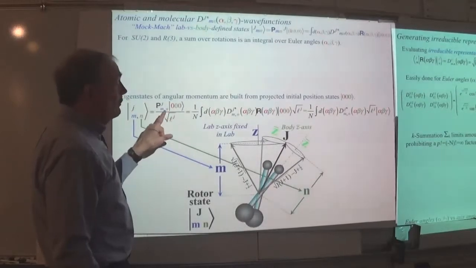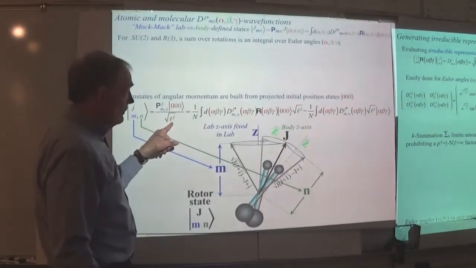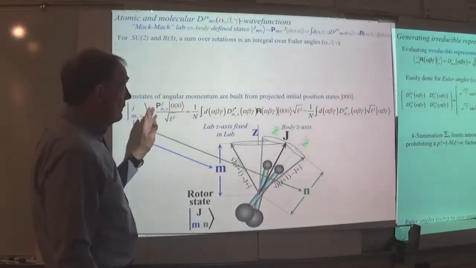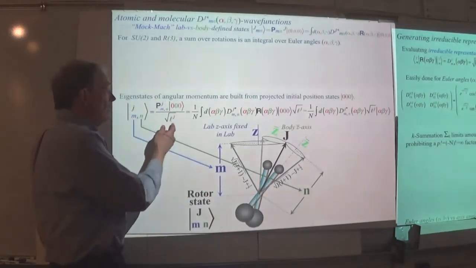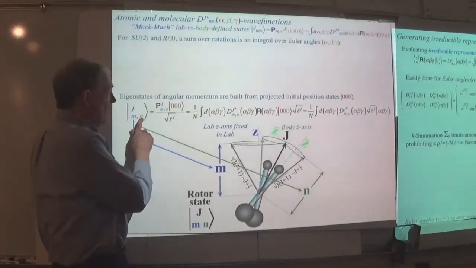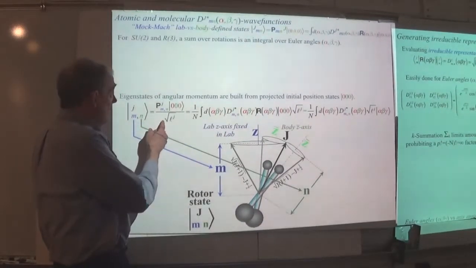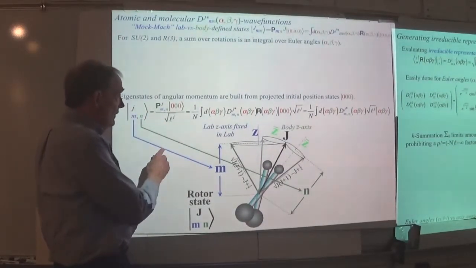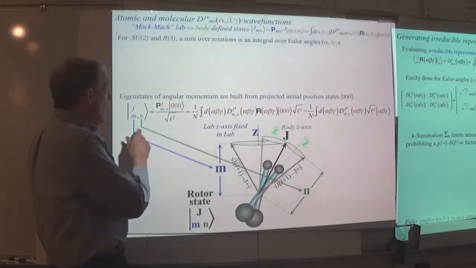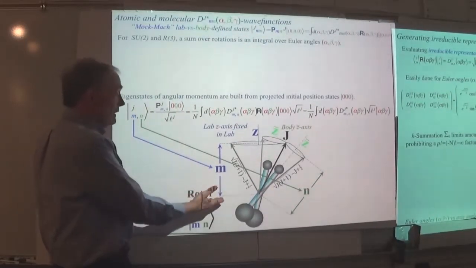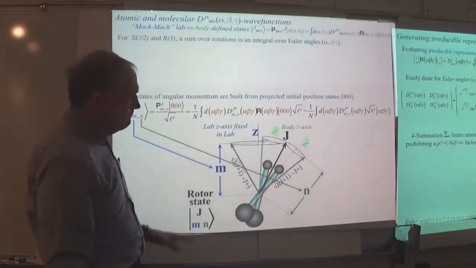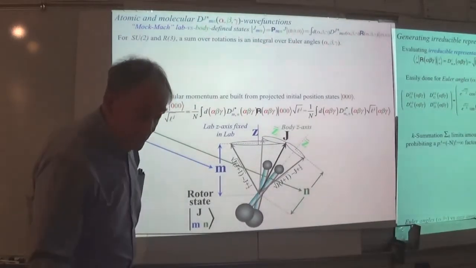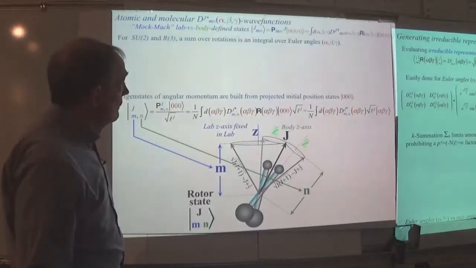That is just 2j plus 1. That's the dimension of the space that these wave functions have. And how many n values do you have? You have everything from j to minus j. That's 2j plus 1. How many m values do you have? Same thing. Well, that quantity there is something we will worry about much more carefully later on.